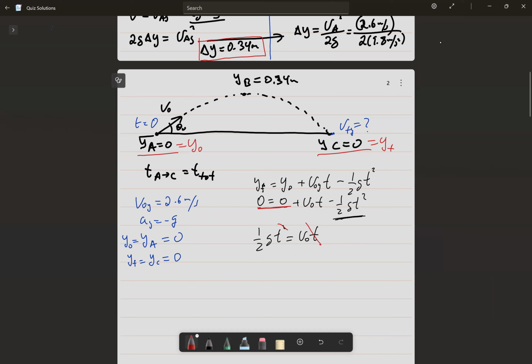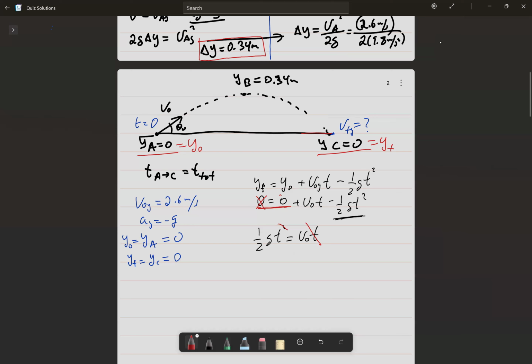If, for example, it would land on top of something, if y of C was any different than A, like landing on top of a roof, then y final would not have been 0 anymore, and this would have been a quadratic equation, which is nothing complicated, but it would require a few extra steps to do the calculation.